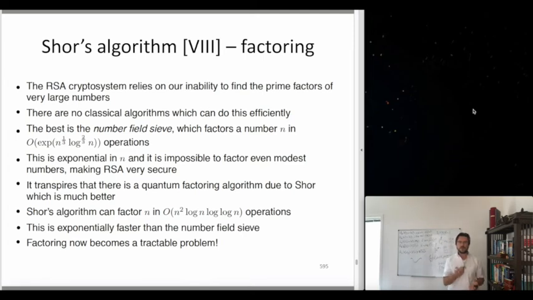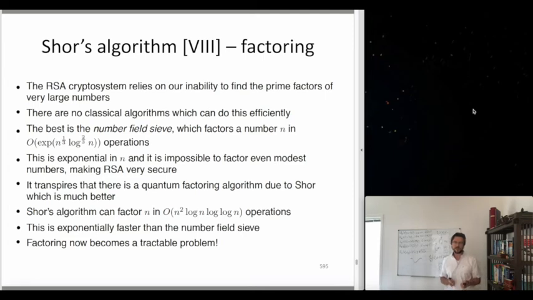And the best one is the number field sieve, which factors a number n in the time that you see here in the computational complexity, which is exponential in n, and is impossible to factor even modest numbers, making RSA still very secure.